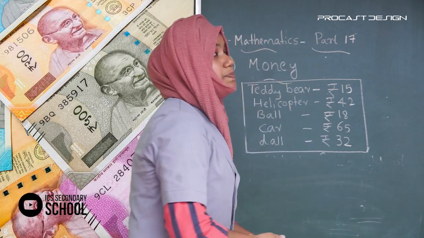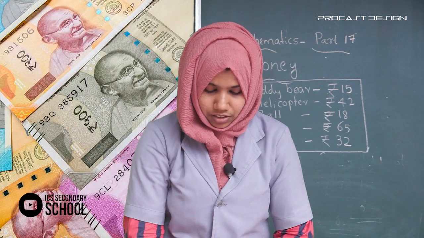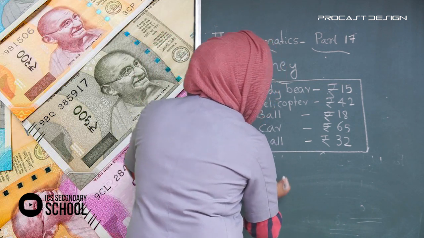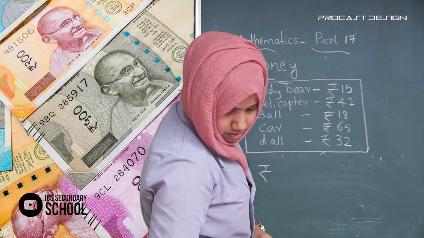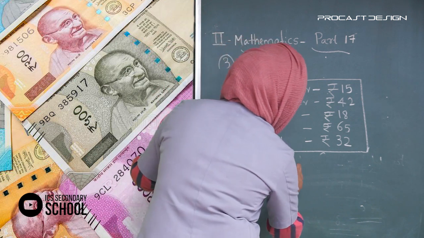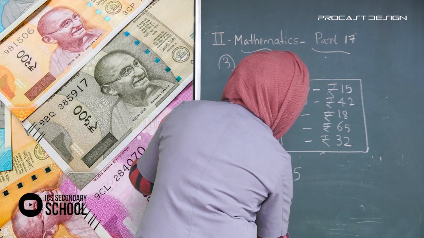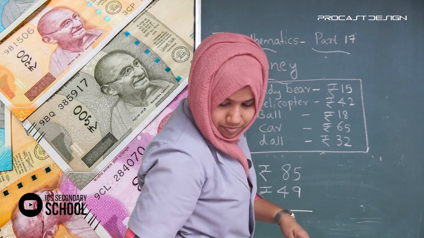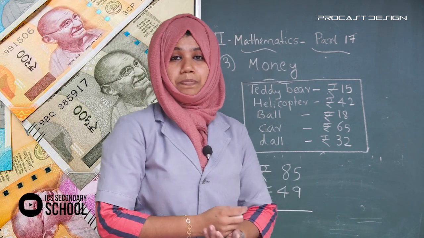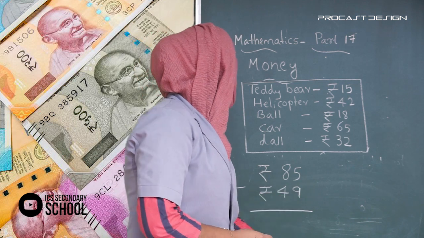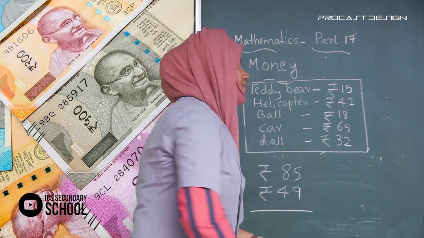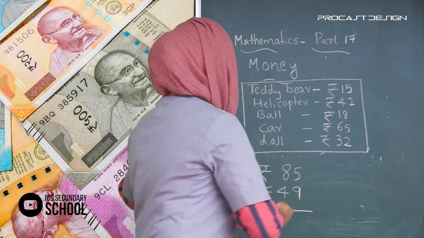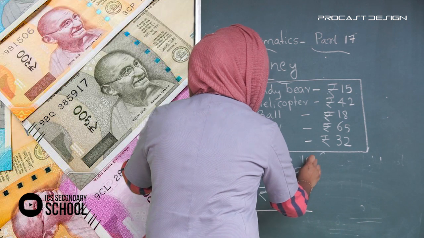And also we can subtract the rupees. We can subtract the rupees, for example, here we have to subtract. 5 minus 9, we cannot subtract 9 from 5, so we borrow 1 from here, so the 5 becomes 15.